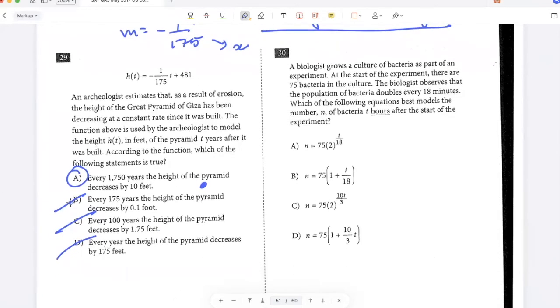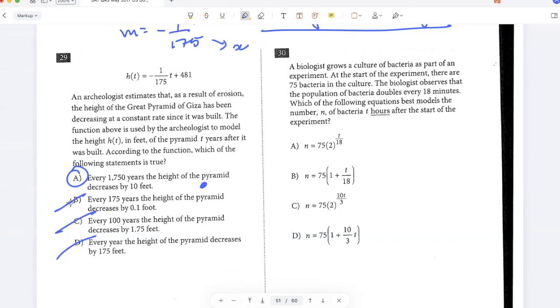A biologist grows a culture of bacteria as part of an experiment. At the start of the experiment, there are 75 bacteria in the culture. The biologist observed that the population doubles every 18 minutes. Which of the following equations best models the number of bacteria T hours after the start of the experiment?